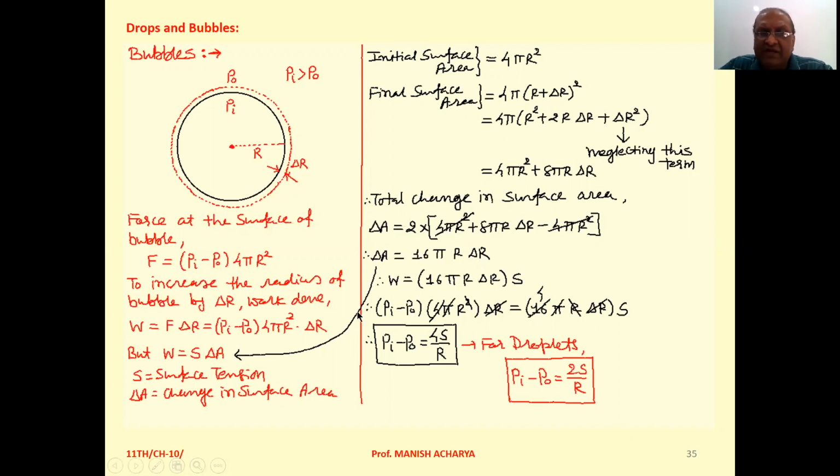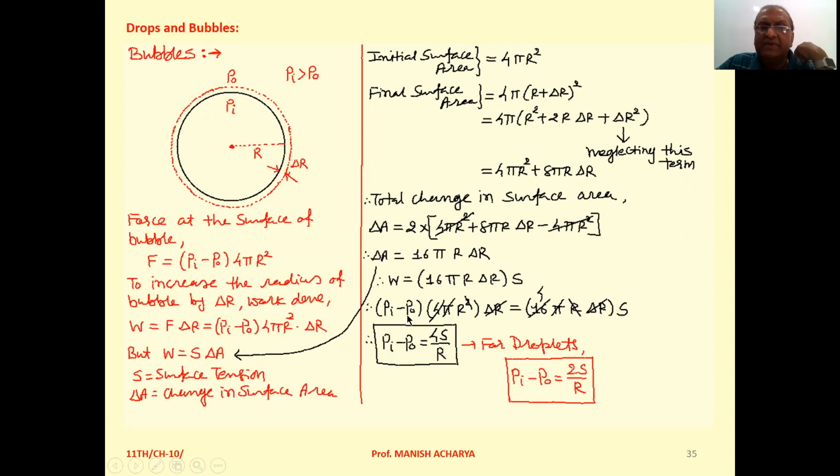Now substitute this value of delta A in this equation of W. So we can write W is 16 pi r delta r into S, the surface tension. But whether you calculate the work done by the first equation or by the second equation, the work done is the same. So we can compare this equation and this equation.